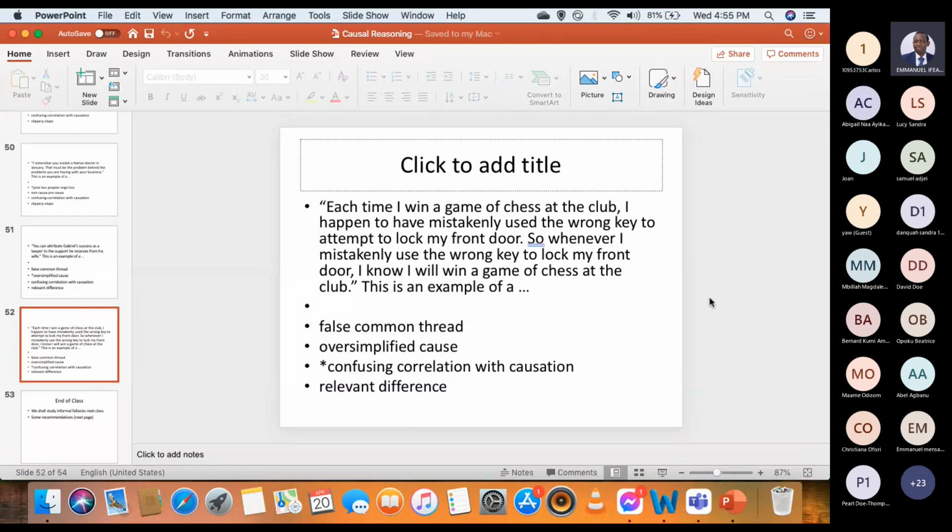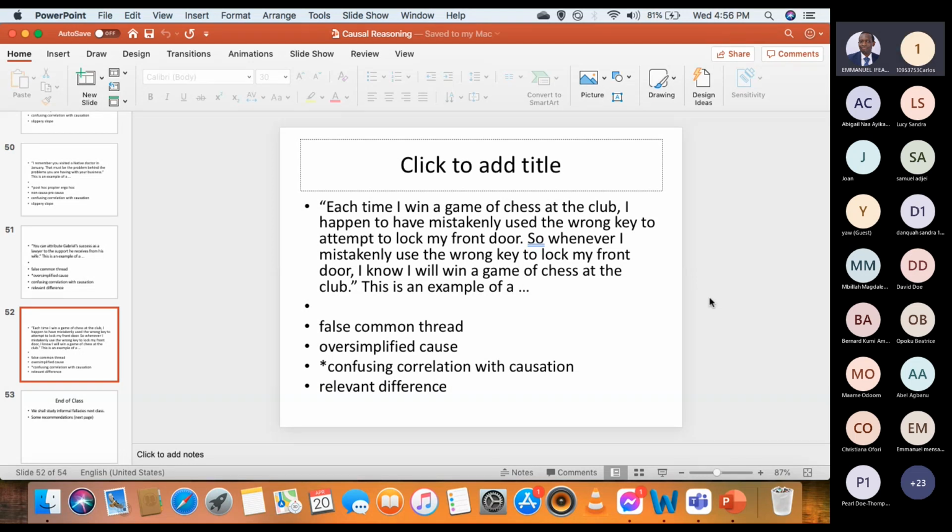I'm not saying it happened in one day. What I said is that each time they happen, they happen on the same day. The wrong key and the winning of chess happen on the same day whenever they happen.